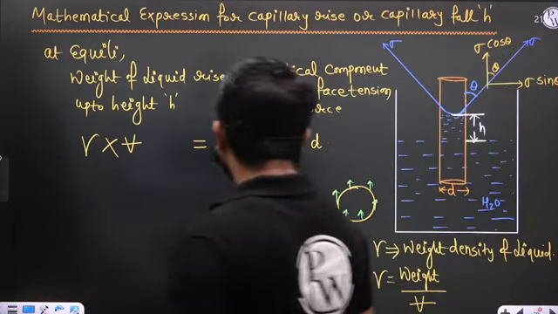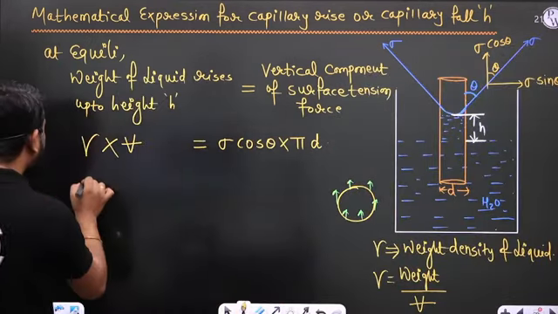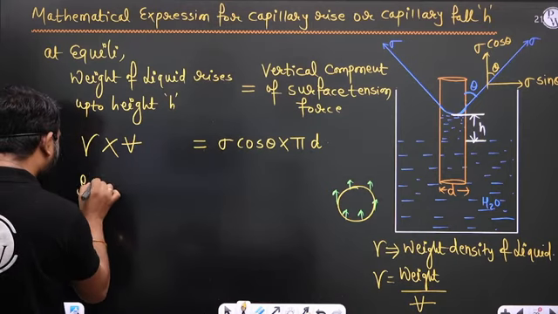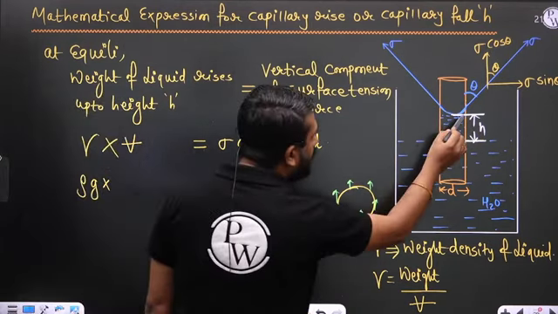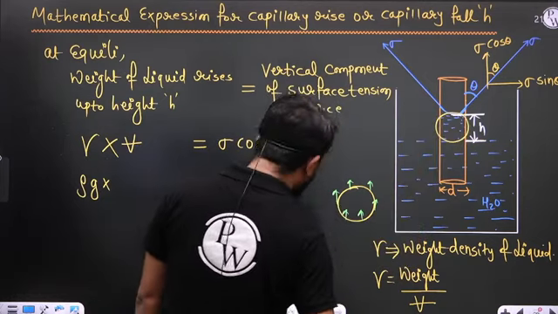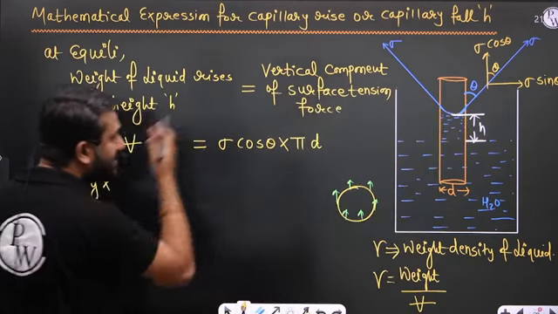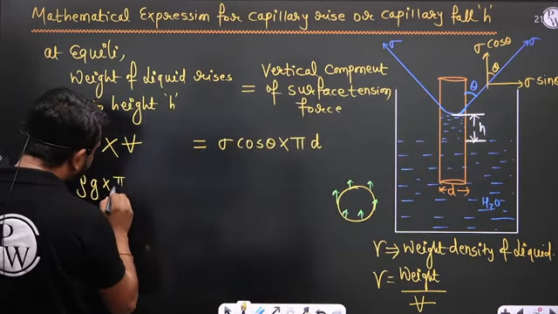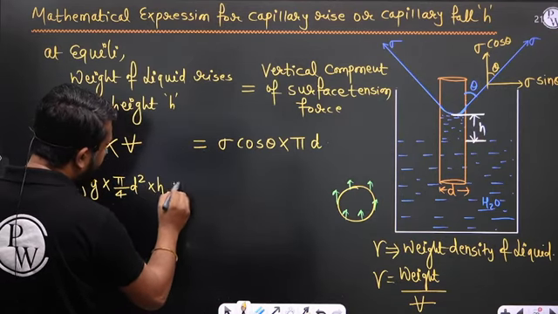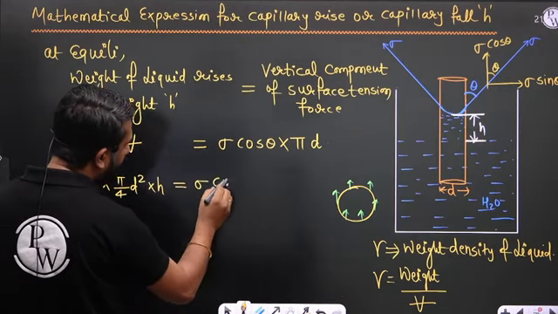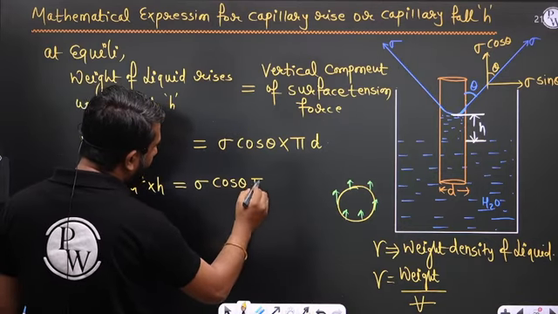Is it fine? Okay. Now, instead of gamma, you can write rho into g into volume. The volume of liquid which rises up to height h is pi by 4 d square into h, and this is equal to sigma cos theta pi d.